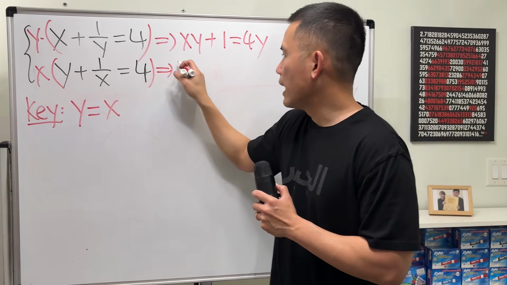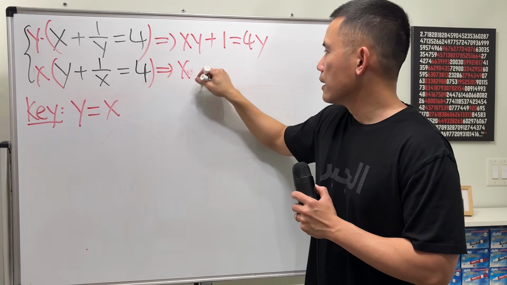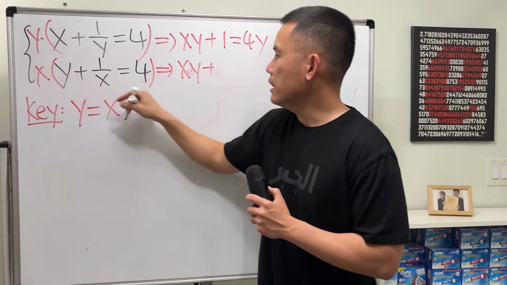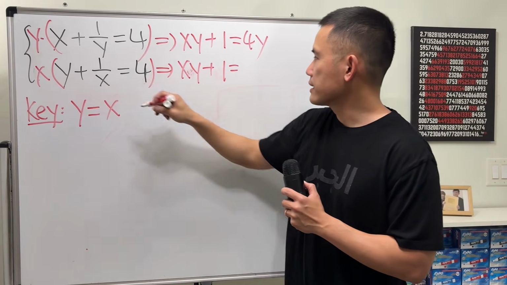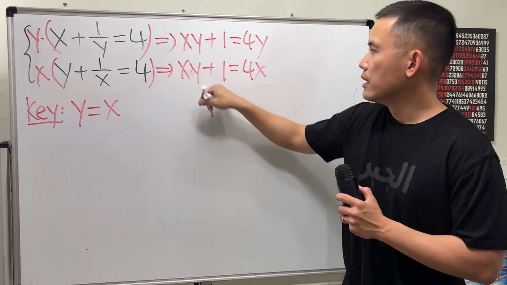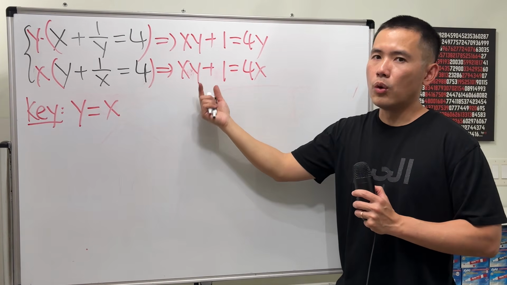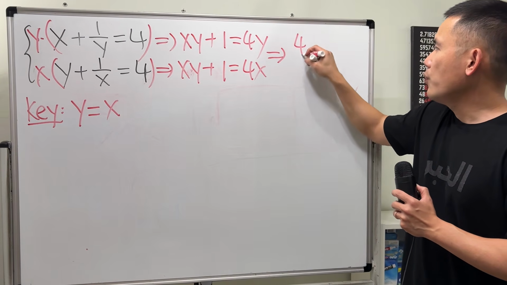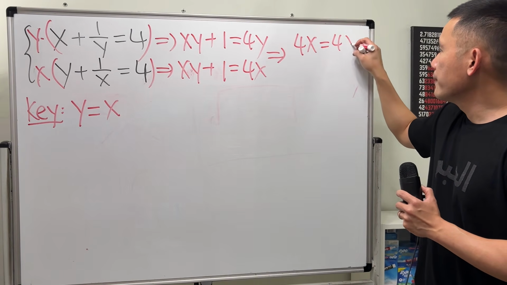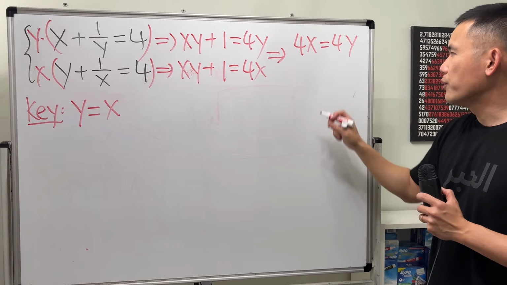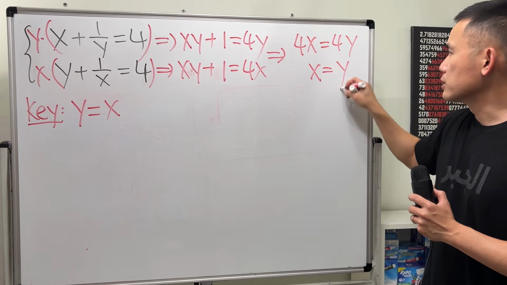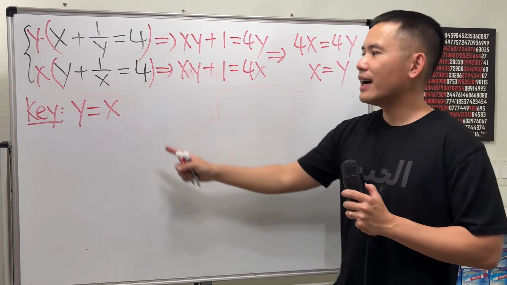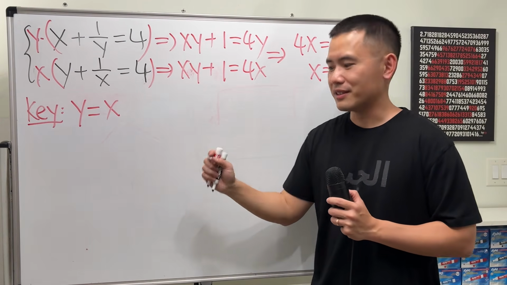We get xy plus 1, and that's equal to 4x. And you see this part and that part are equal, so that means this and that has to be the same. So we get 4x is equal to 4y, and of course divide both sides by 4, x has to be the same as y. And this is why this is the only case that we have to consider.